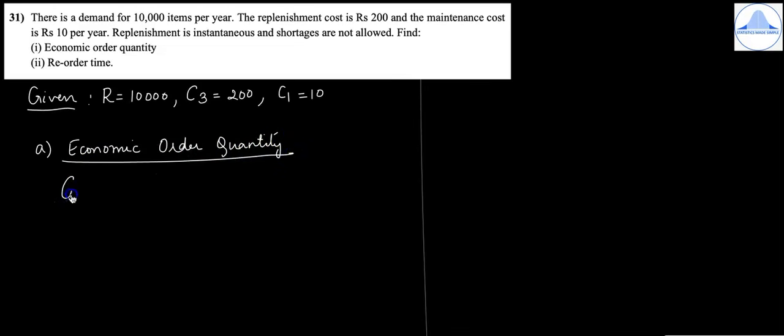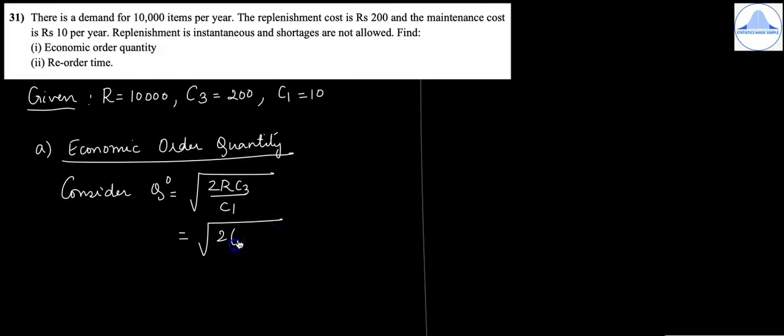So the formula is Q to the power 0 is equal to root of 2R C3 divided by C1. So this is equal to root of 2 into 10,000 into 200 divided by 10.